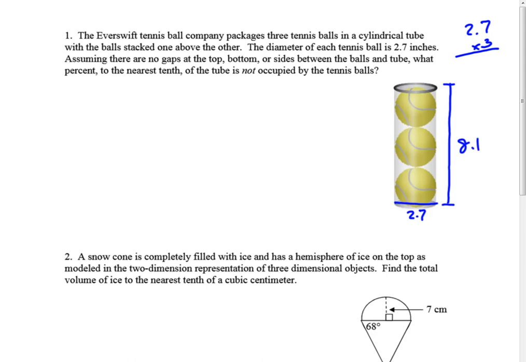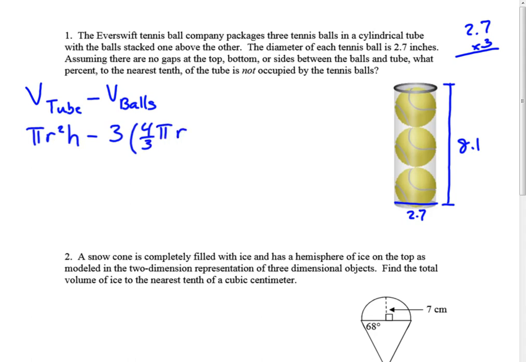It says percentage, but we need to first find the volume of the tube minus the volume of the 3 tennis balls, and that will give us the space not occupied. So the tube is a cylinder, so that would be pi r squared times the height. And then we're going to subtract. Now there are 3 tennis balls, so that's going to be 3 times 4/3 pi r cubed.